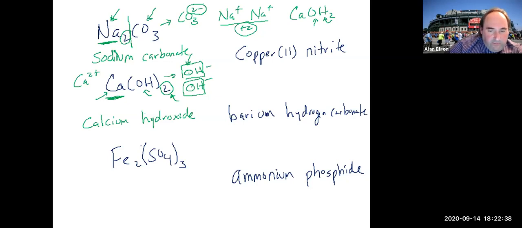So when we have more than one polyatomic ion, you need to put parentheses around it and the number on the bottom. That's why the parentheses are there.